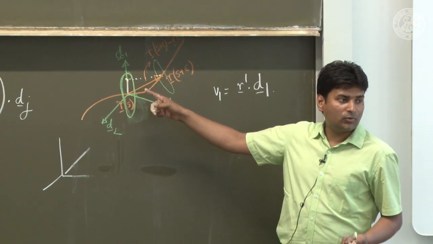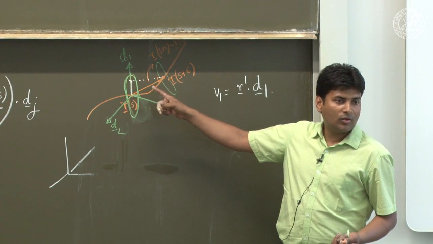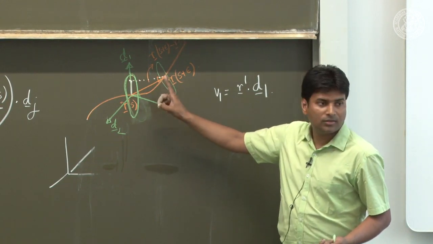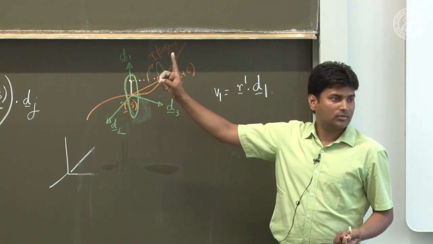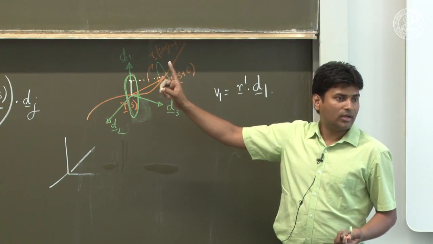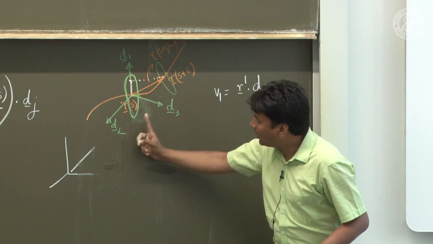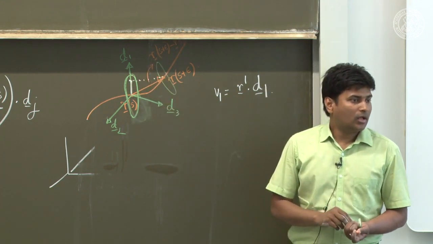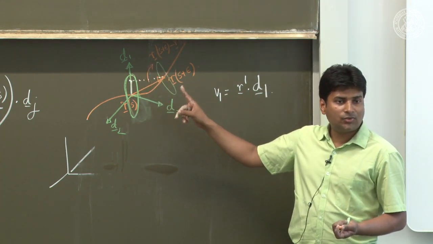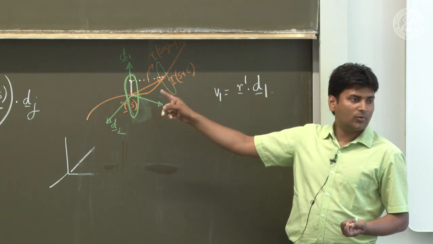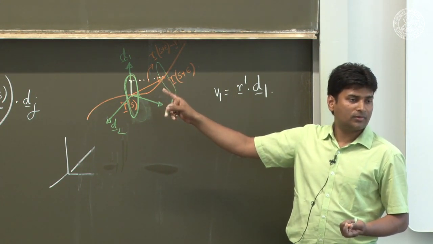So what is it telling you? That's the shift of the two center lines along D1, right? What's the shift in the two center lines along D1? Now, as epsilon tends to 0, what is that going to give you?